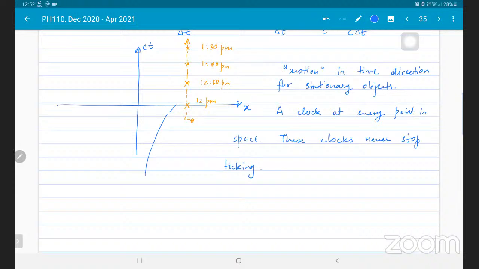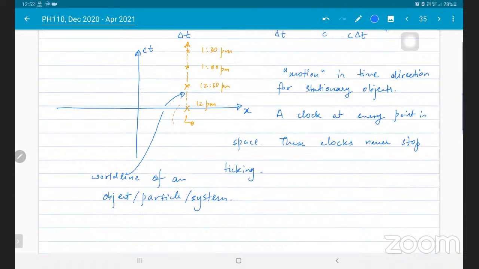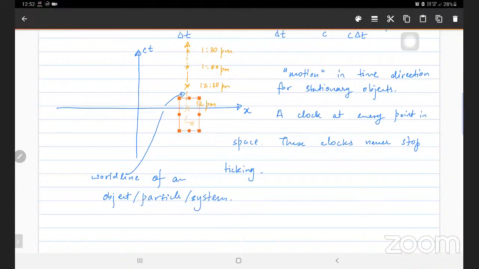It could be another spaceship, it could be an atom, it could be anything. And so this trajectory is called the world line of this object.